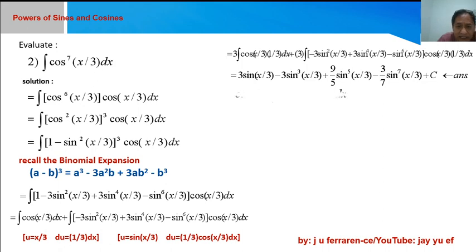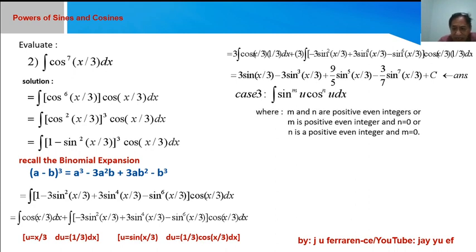Now here is case number 3. In a general form, the exponents of sine and cosine can be all positive even integers. Or it may be that only one of the functions has an even power and the other exponent is 0. Or it could be that n is a positive even integer and m is 0.